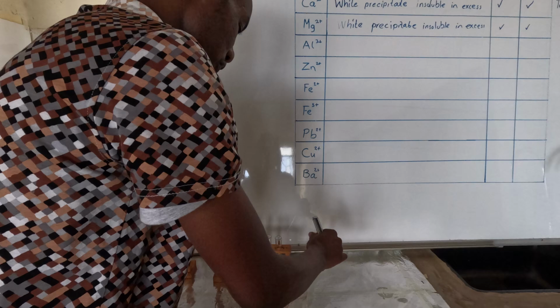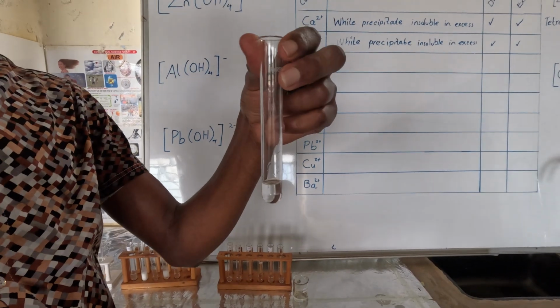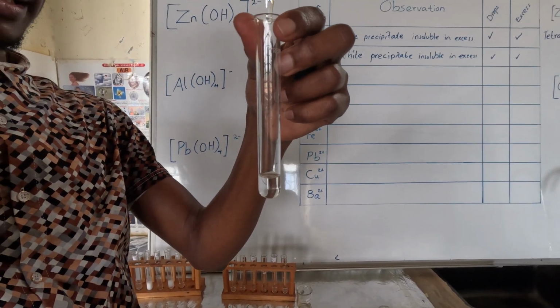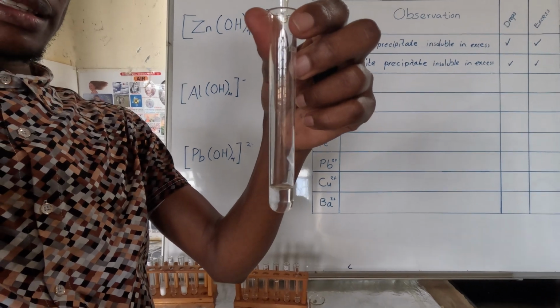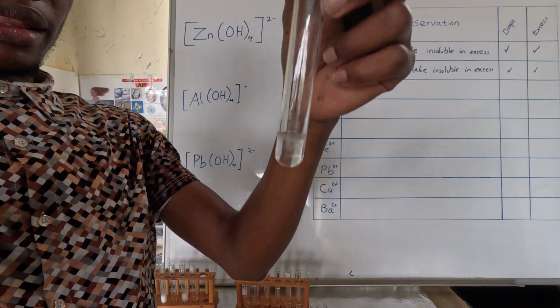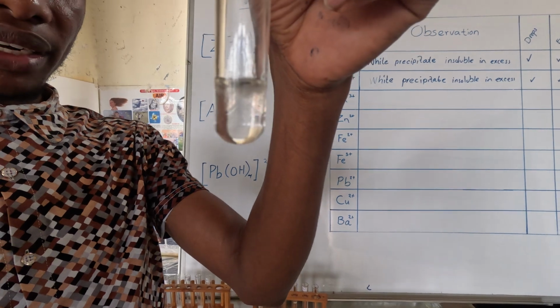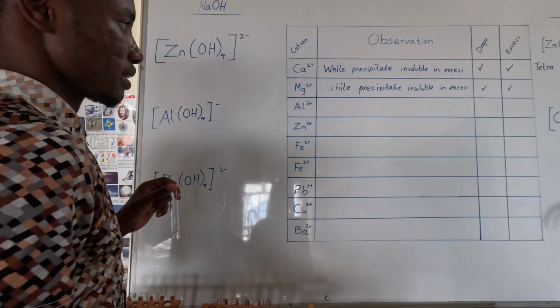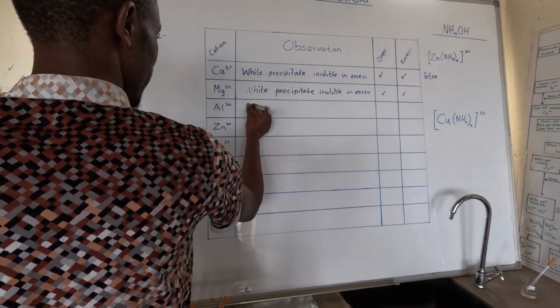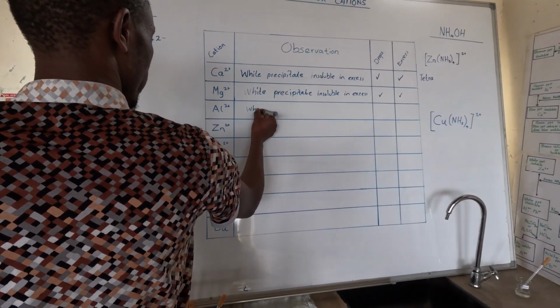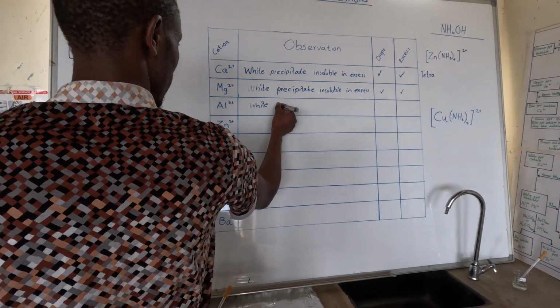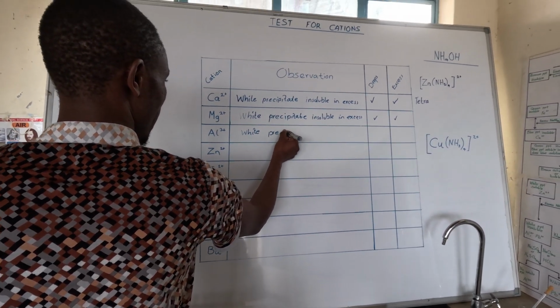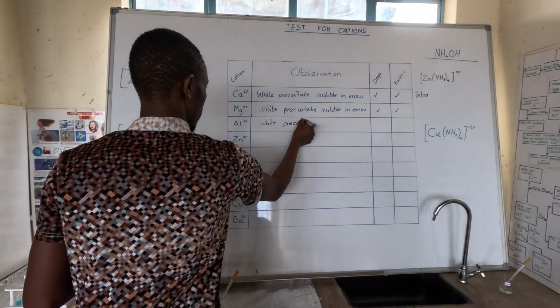Again, I'll add a few drops of sodium hydroxide: the first, second, third. Are you seeing the same clouds? Yes, they are there. Those white clouds are an insoluble substance, which is identified as a white precipitate.